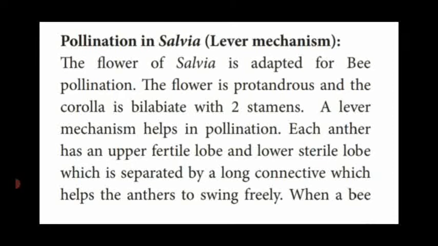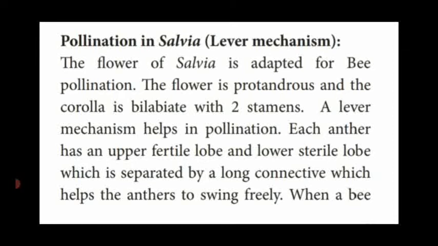Each stamen has two lobes. The upper lobe is fertile and the lower lobe is sterile, which means it does not take part in reproduction. Both of them are connected by a long connective tissue.